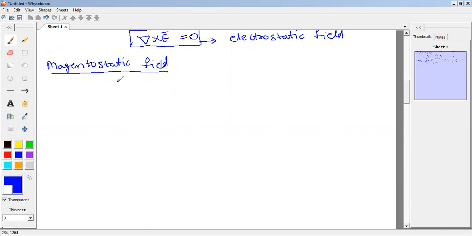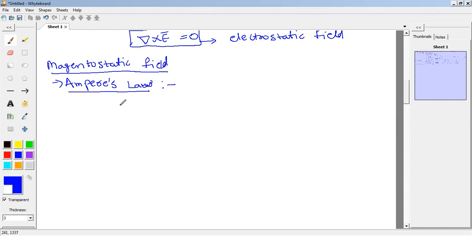In the magnetostatic field also, two Maxwell's equations are there. Of these Maxwell's equations, we can derive the first one from Ampere's law.